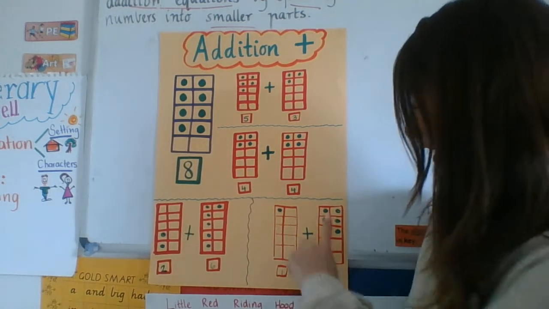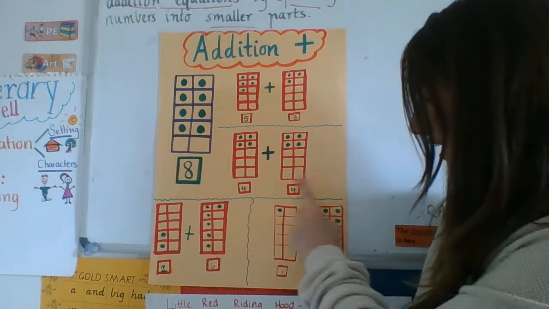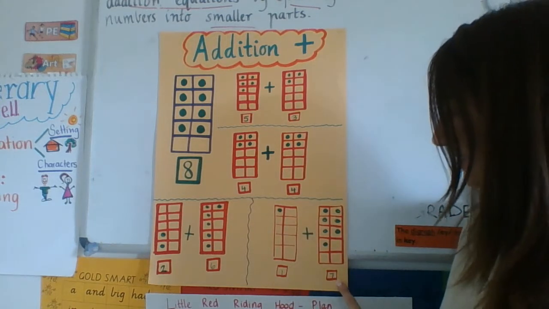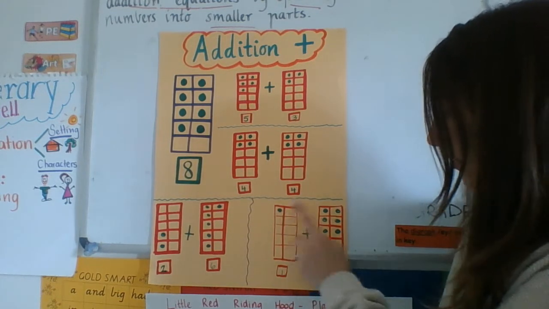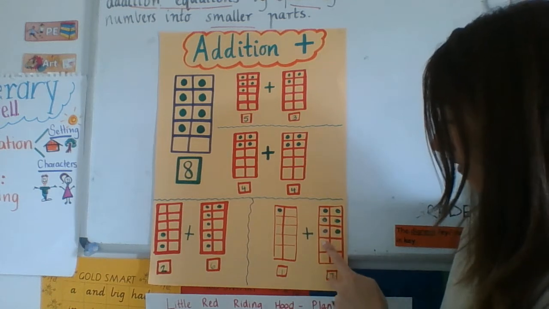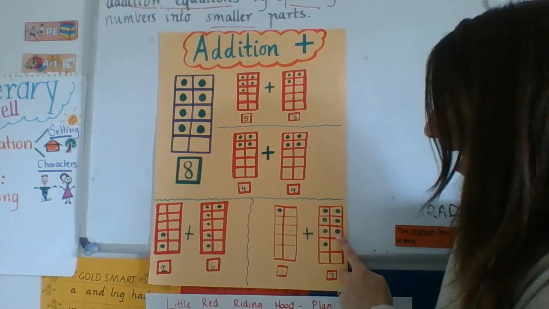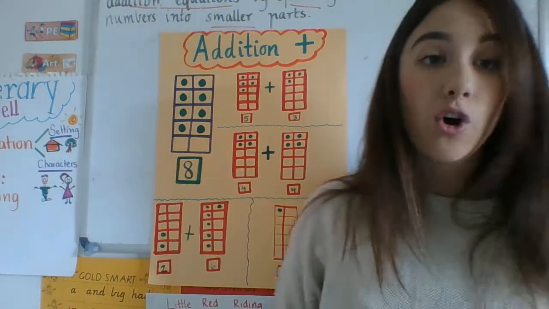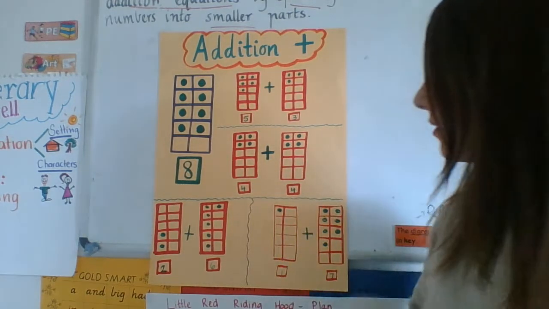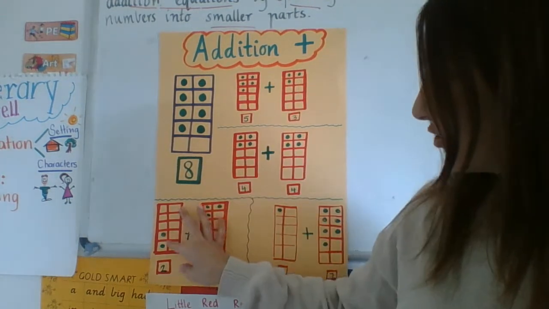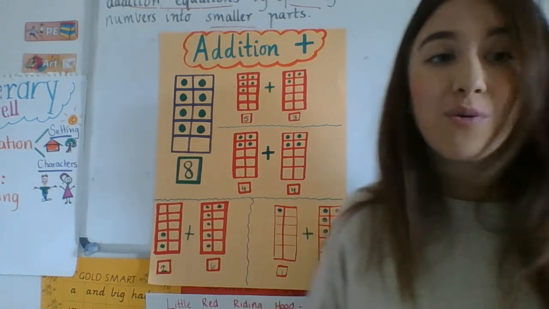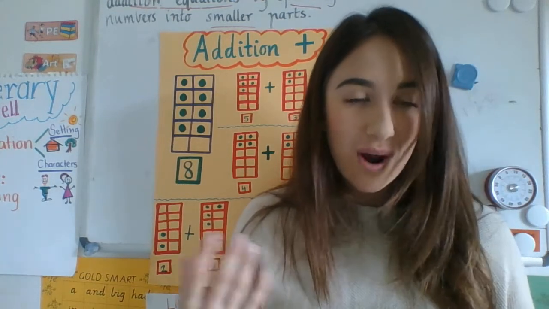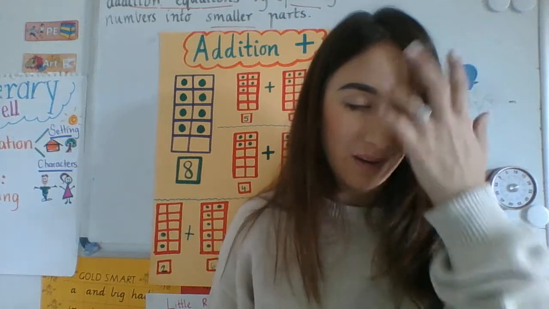Fantastic. And I have also made 8 over here with 1 and 7. 1, 2, 3, 4, 5, 6, 7, 8. So I have shown the number 8 in 4 different ways. And guess what? There are more ways to make the number 8.